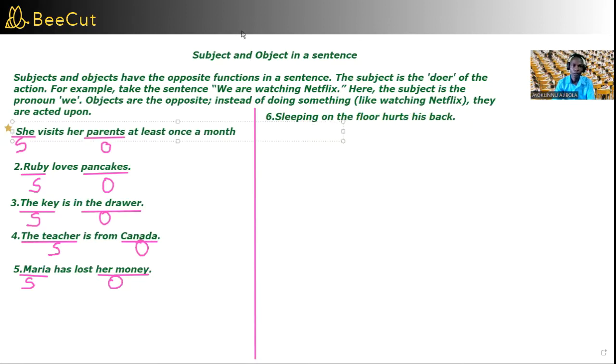Now, from here, something hurts his back. What hurts his back is sleeping on the floor, and that's the subject of the sentence. While the thing that was hurt, his back, is the object of the sentence. So yeah, you can say we have the subject here and we have the object of the sentence here.